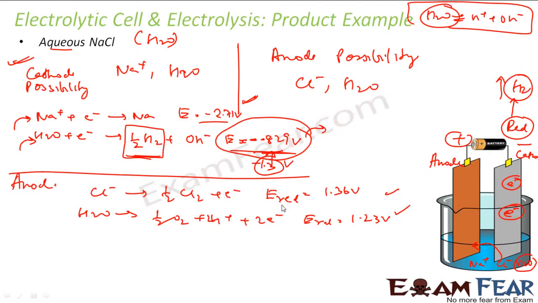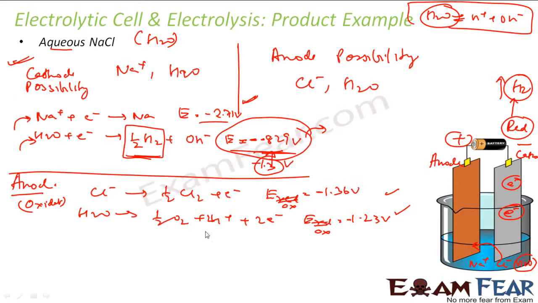This is reduction potential, this is reduction, right? But at the anode, oxidation is happening. So instead of reduction, let me take oxidation potential only, to make things easy. If I am taking oxidation potential, I'll add a negative sign in both cases. Correct? So for chlorine to get oxidized to chlorine gas, I need 1.36 volt of energy.